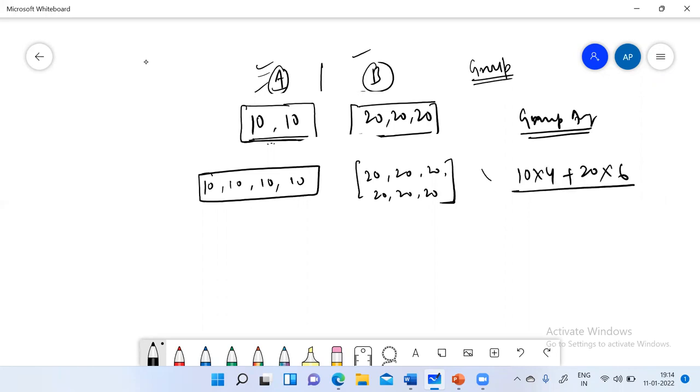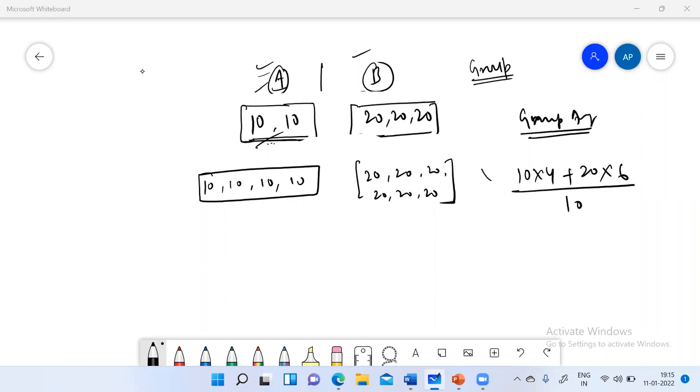Yes. So there are two things I would like you to observe here. One, if the ratio is the same, the average will remain constant. And for the same averages, whichever group is greater in number, the average will shift towards it.